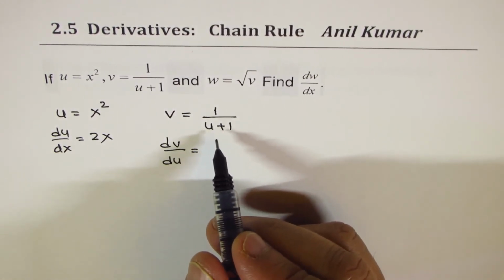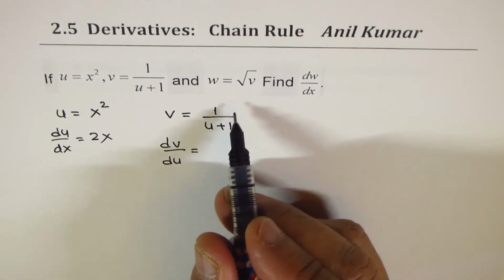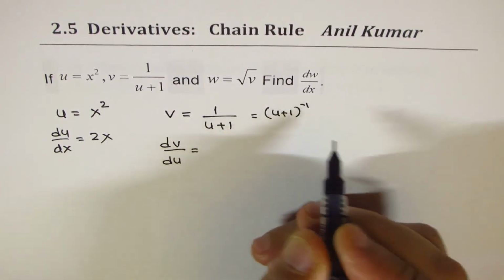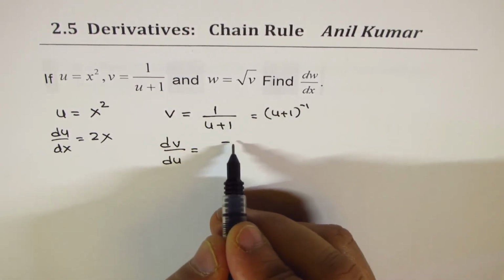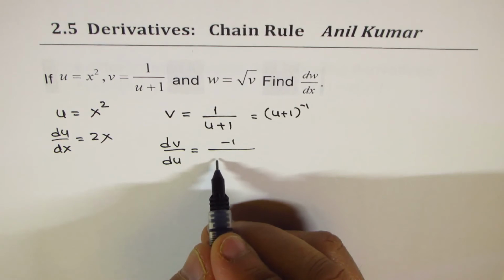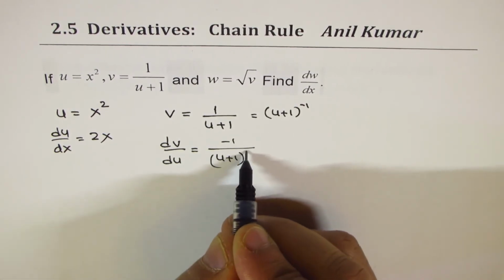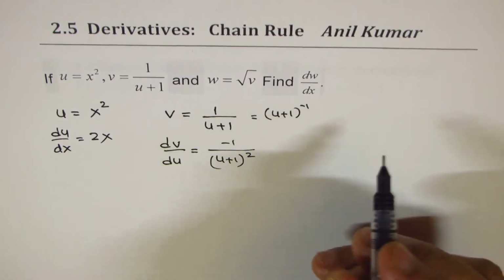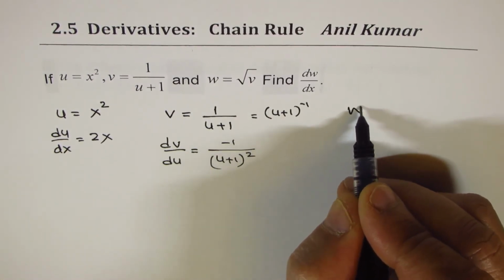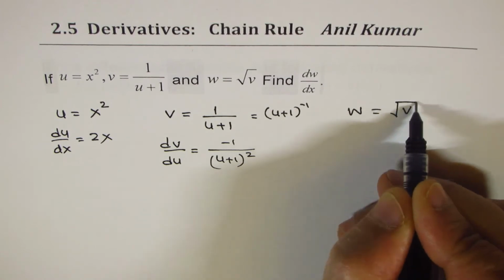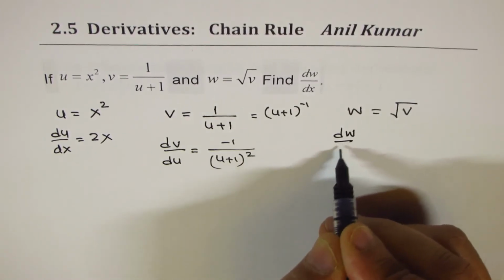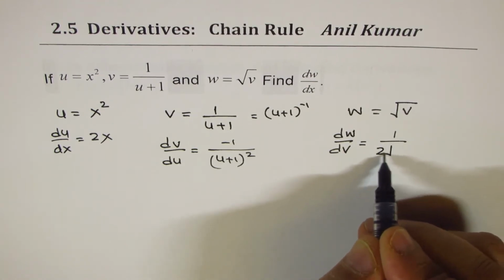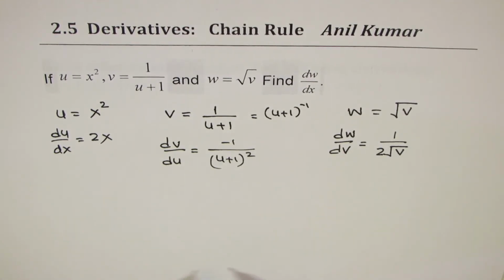Now you could use, I think, the product rule. You could write this as u plus 1 to the power of minus 1. It becomes easier, right? So this is minus 1 over u plus 1 whole squared, correct? Either way, you could use the quotient rule also. And w is given as square root of v, so we have dw/dv as 1 over 2 square root of v, correct?